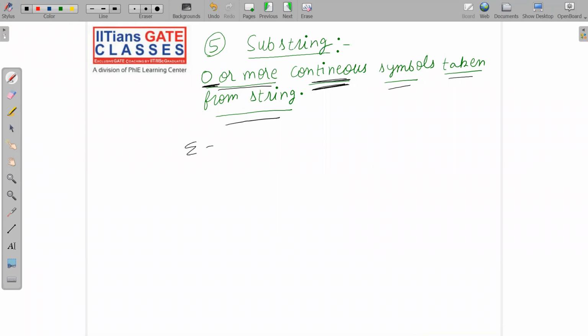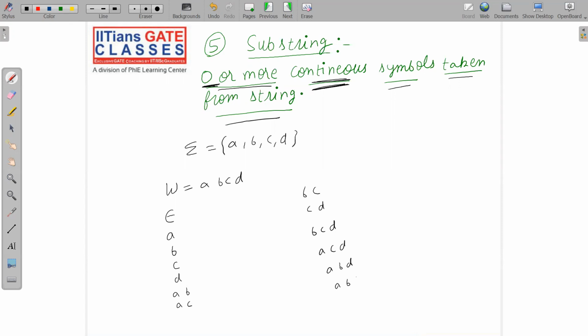Say sigma is {A, B, C, D}. Okay, now if I write string W as ABCD, so tell me about something. Okay, so first is null, then A, then B, then C, then D, then AB, AC, BC, CD, BCD, ACD, ABD, ABC.